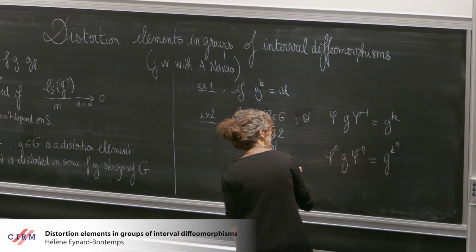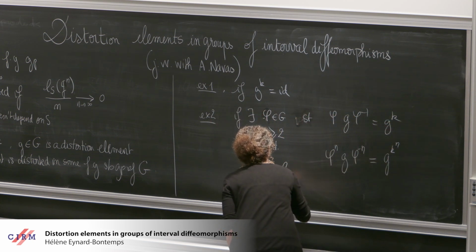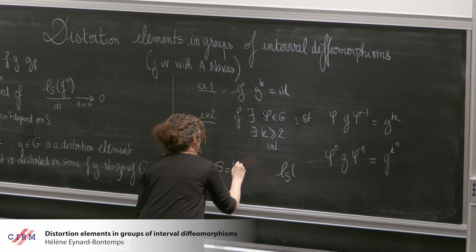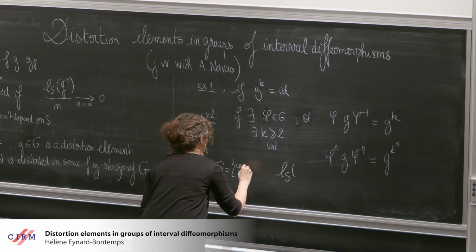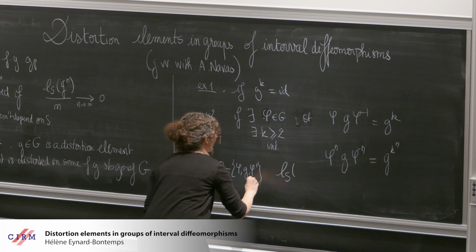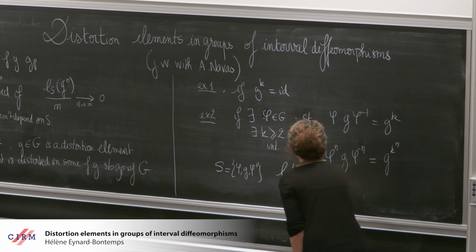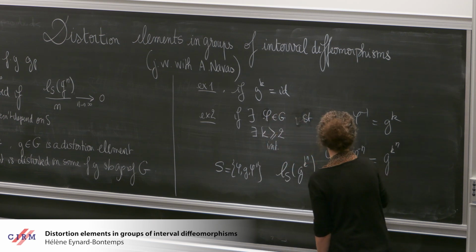And thus, if you look at the word length for the generating set phi, g, phi inverse of g to the k to the n, this is less than 2n plus 1.